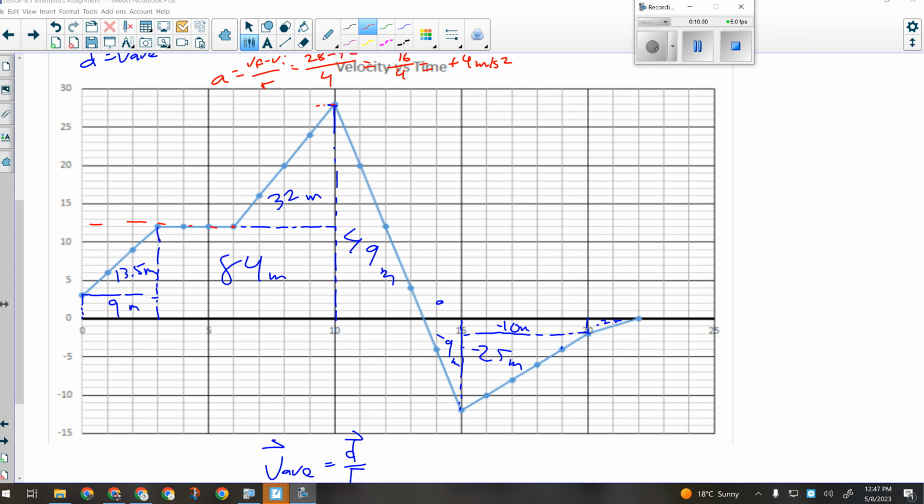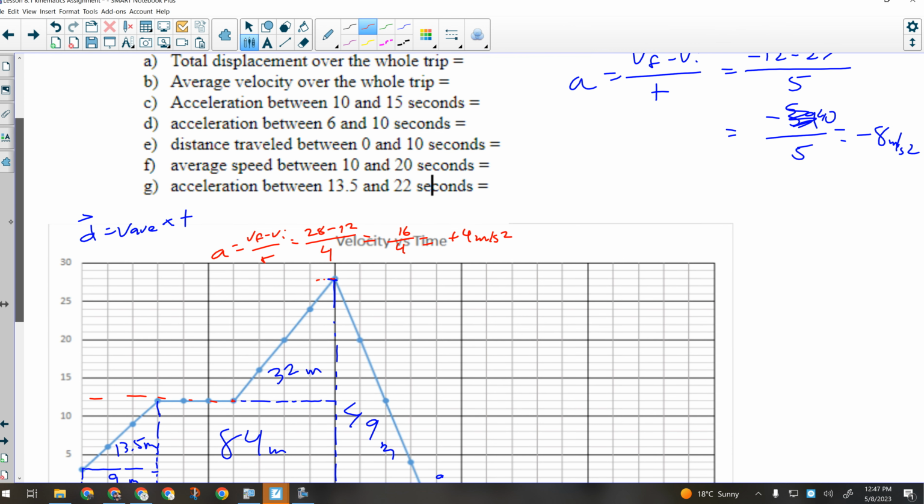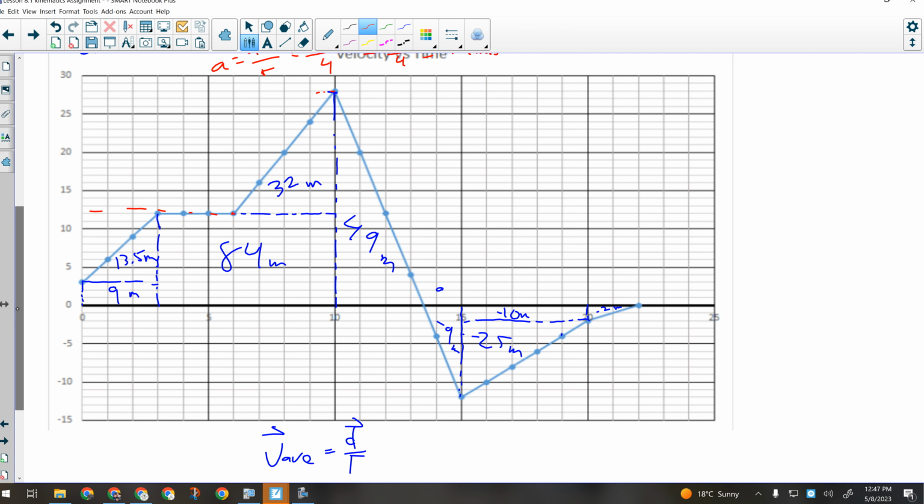Okay, let's look at distance, between 0 and 10 seconds. Did we already do the bulk of the work for that? Do we already know the displacement between 0 and 10 seconds? I mean, we know all the little pieces here, right? So we can definitely use some of the stuff we're doing. We just have to remember that everything for distance is added together, which, I mean, it's all positive on here anyway.